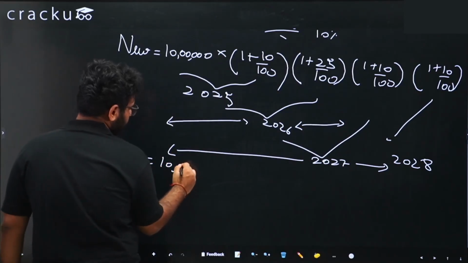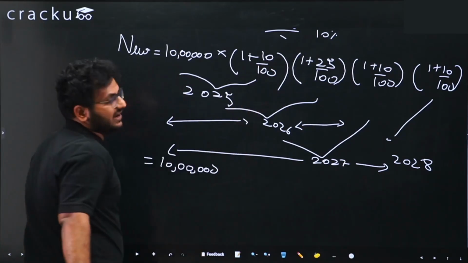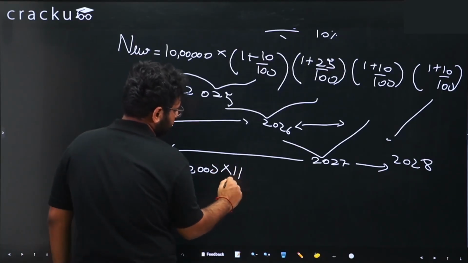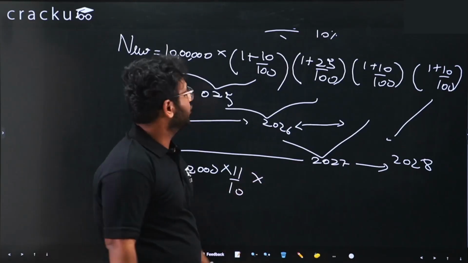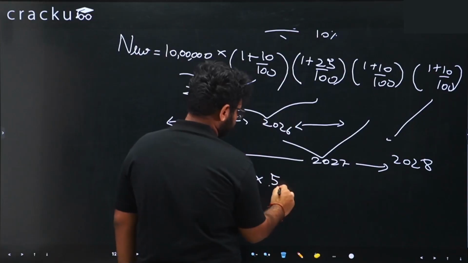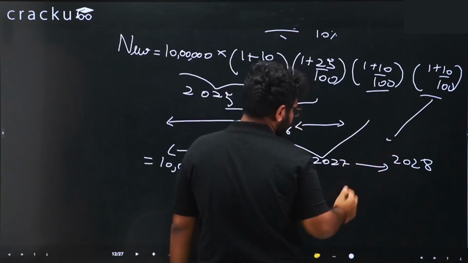10 lakh into 10 by 100 is 1 by 10, so 11 by 10, into 25 by 100 is 1 by 4, 1 by 4 plus 1 is equal to 5 by 4, into this is again 11 by 10, this is again 11 by 10.